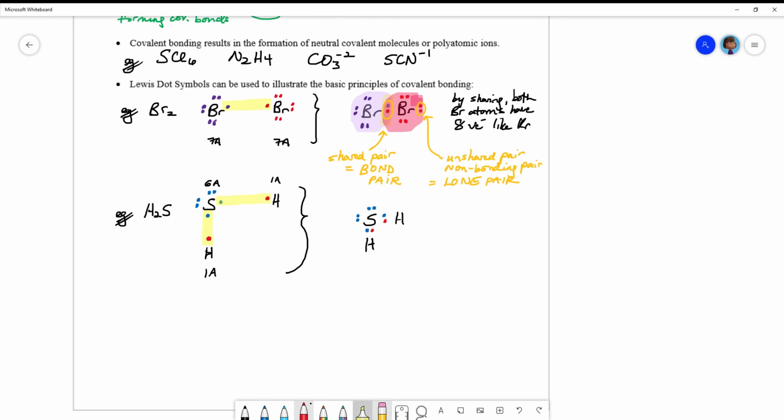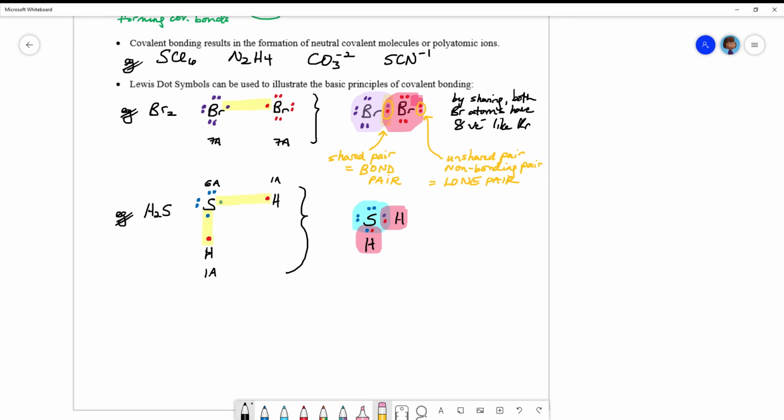And so now, what do we get? Well, we've got ourselves a nice little molecule. So here's the sulfur now. And how many valence electrons does it have in total? By sharing, it now has a total of 8 valence electrons, just like argon. Meanwhile, here's hydrogen number 1, here's hydrogen number 2, each of the hydrogens now has 2 electrons, a pair of electrons. That's all they needed to obey the duet rule, just like helium.